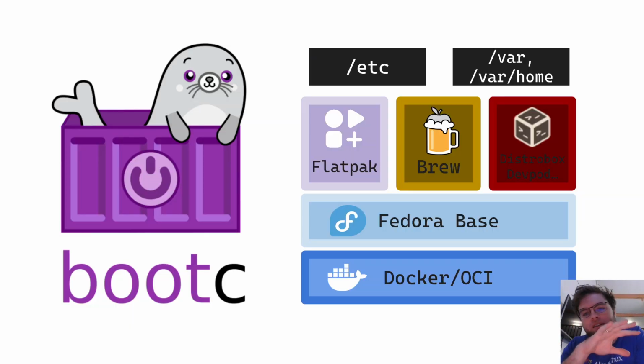Then on top of that, we have our /etc, where we can change some system settings. We have our home directory. And then we have Flatpaks, which are sandboxed apps. There's a Flatpak app store called Flathub.